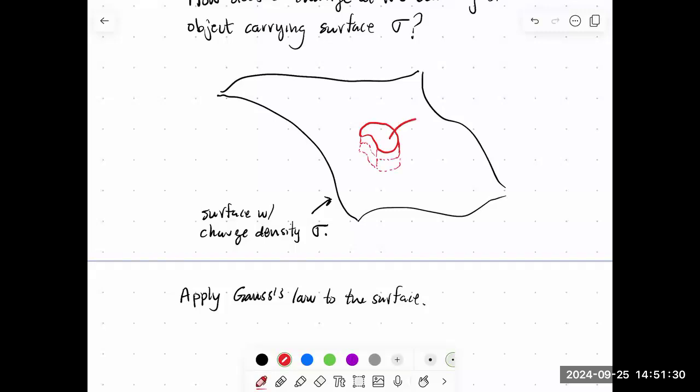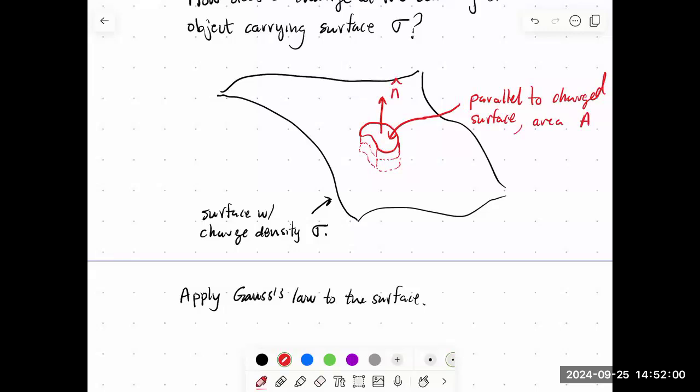Now this top plate is parallel to the charged surface, and it has area A. It also has a normal vector that points outwards.